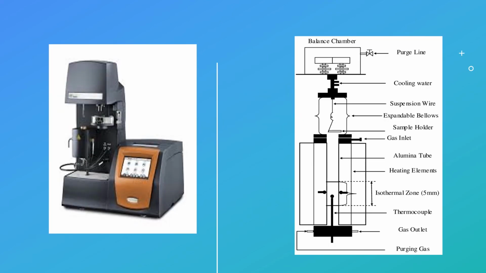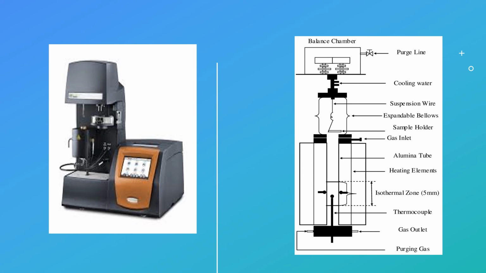Here we have the thermogravimetric analyzer and its parts. These instruments can quantify loss of water, loss of solvent, loss of plasticizer, decarboxylation, pyrolysis, oxidation, decomposition, weight percent filler, amount of metallic catalytic residue remaining on carbon nanotubes, and weight percent of ash.